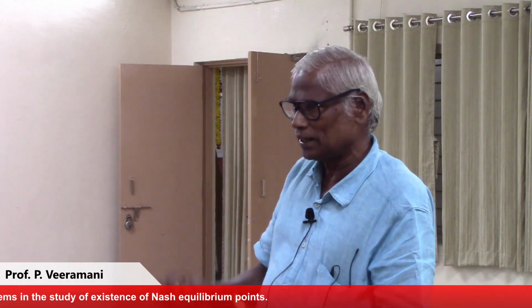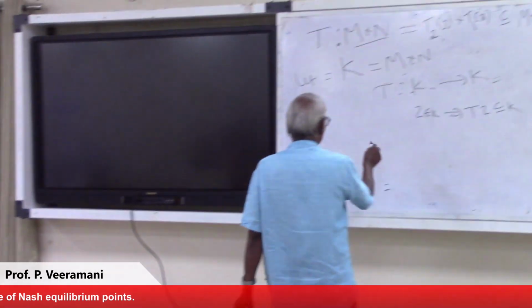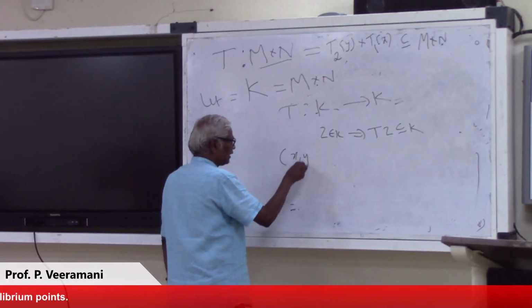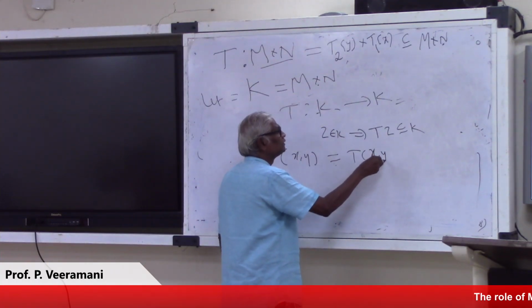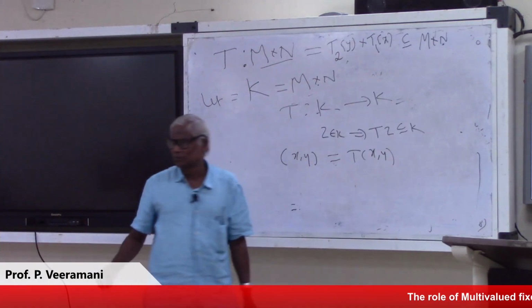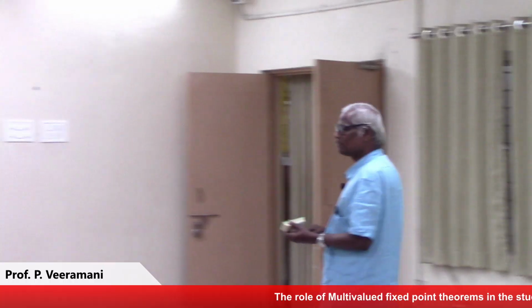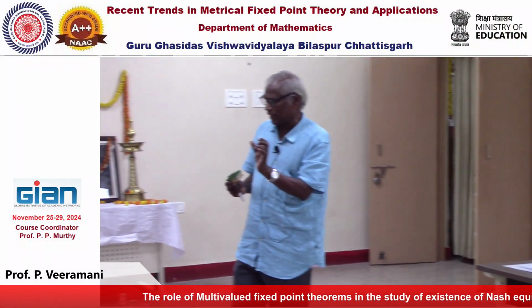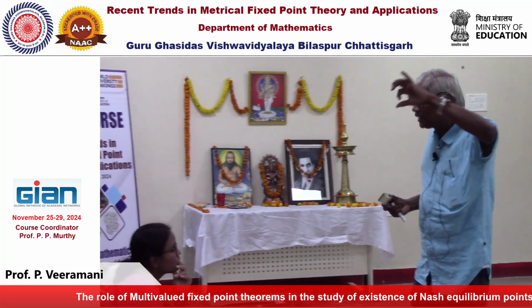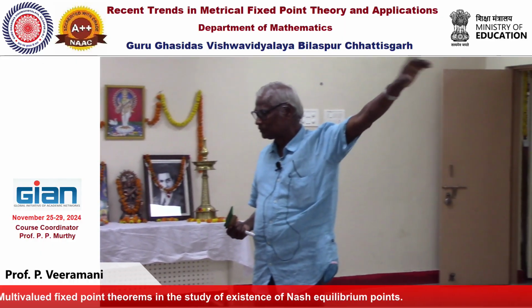That means ultimately our ordered pair xy goes to T of xy. That is, we call it T2 of x cross T1 of y. So we have here the image of each pair xy is a non-empty subset of m cross n.